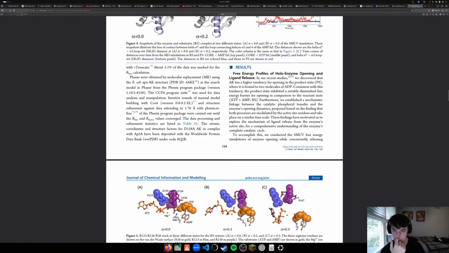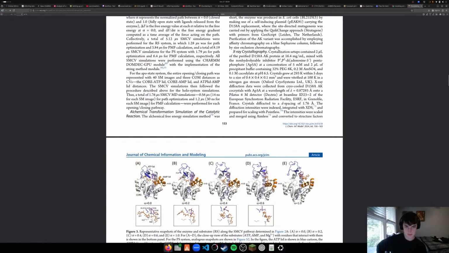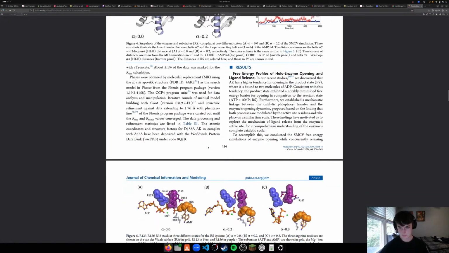But it looks kind of hard to do. I don't know. Okay. So this is all X-ray stuff.